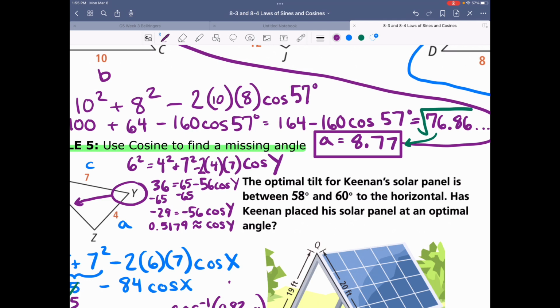Now to figure out what y equals, I have to take the inverse. So I'm going to do second cosine to get the inverse of second answer. And that will give me y is equal to approximately 58.8 degrees.